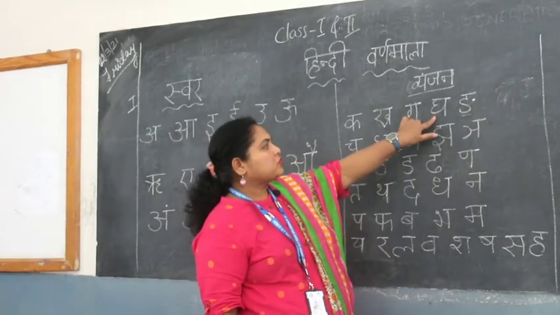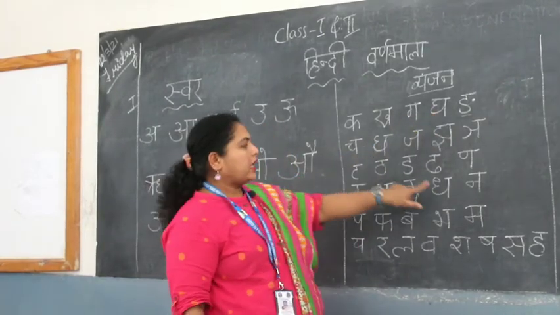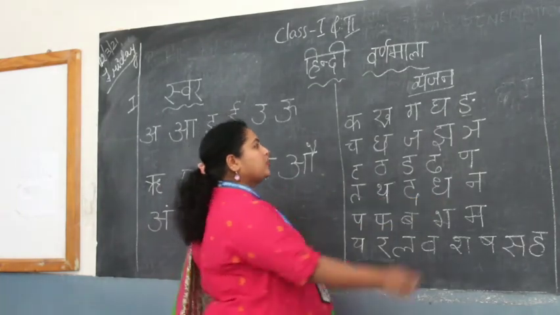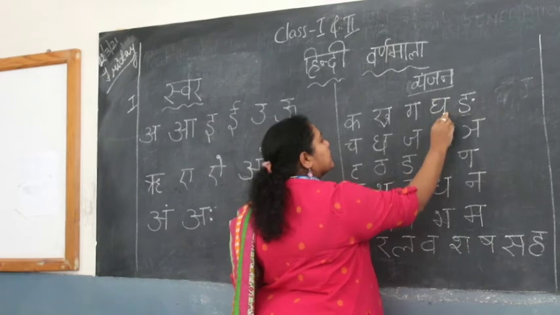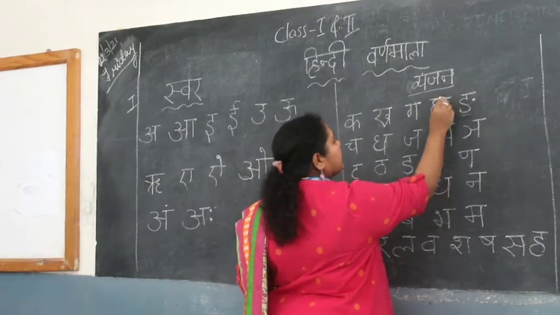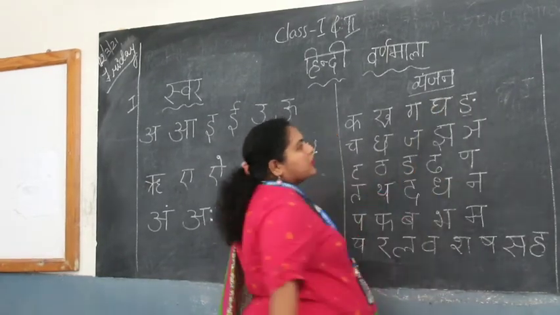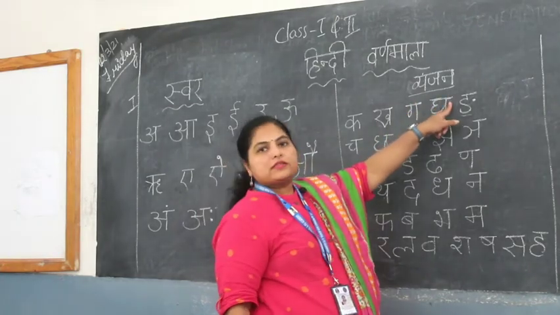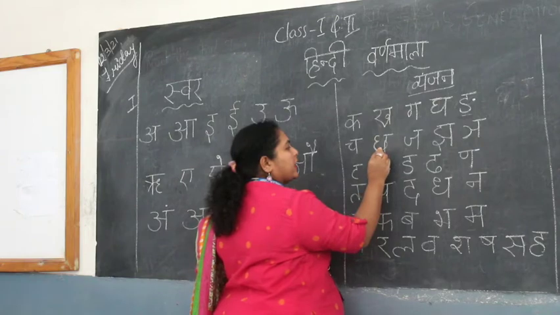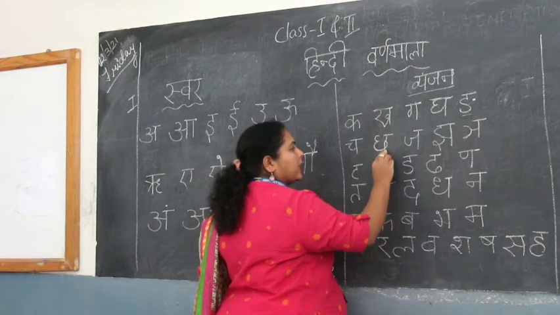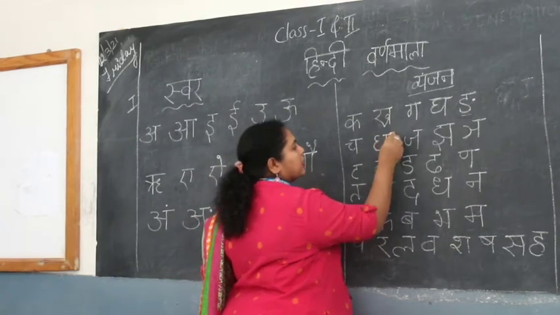Don't get confused with gha, cha and dha. So see the formation, children. Ga is just like this, and you draw the sleeping line, the top line, covering both the curve and the standing line. Whereas in cha you have it this way and you make a knot, and then you write a T type on this.